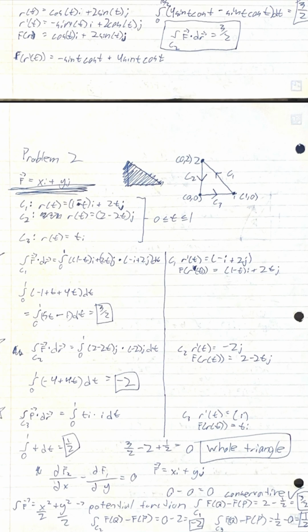So you plug that into the potential function, and then you do minus f(p), where f(p) is plugging the initial coordinates into the potential function. I did that for each of those in the little space that I had at the bottom, and got the same answers for all of them that I got when I computed the answer using the line integral. And then that was it.